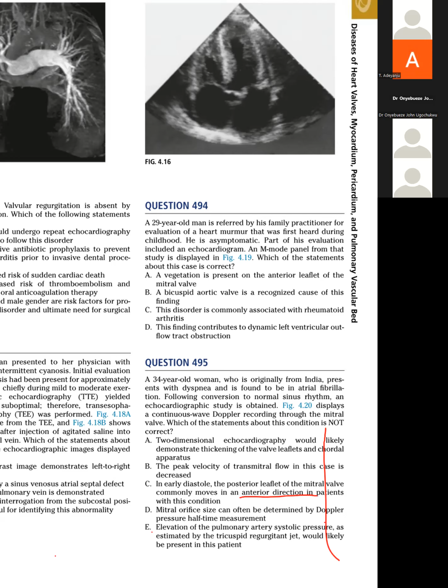That is also true, because increased right atrial pressure backtracks into the pulmonary circulation and raises pulmonary pressures. So the false statement here is B. The velocity is not decreased, it is increased.